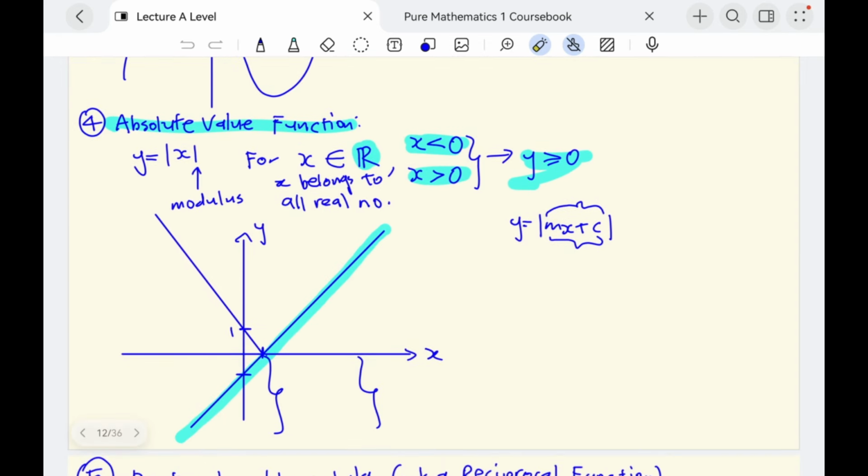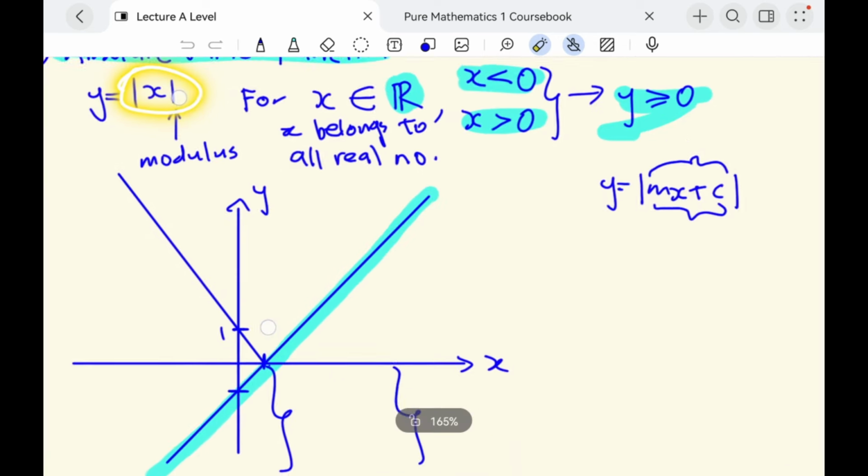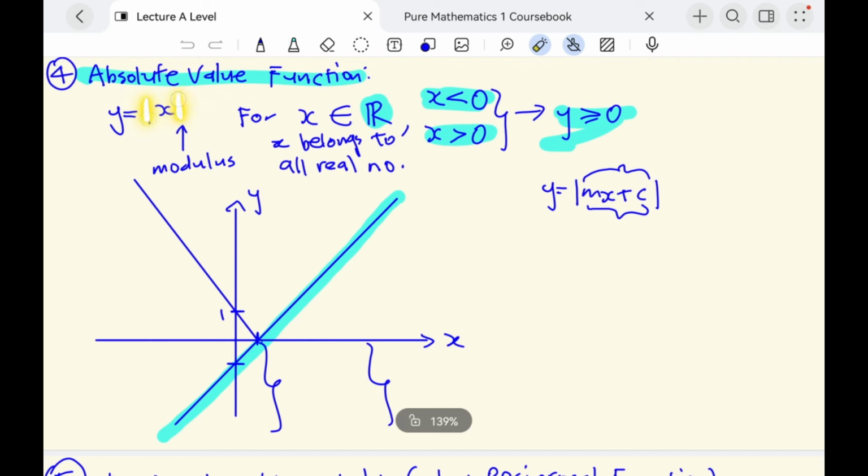Okay. And the fourth function is the absolute value function graph. Why is it called absolute value? Because it has the modulus, these two vertical lines, known as modulus. So to define the modulus for x, x is a subset of R. What does this R denote? x belongs to all real numbers. How do you know it is a real number?